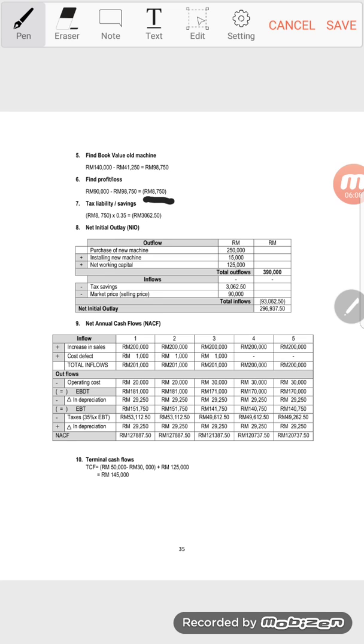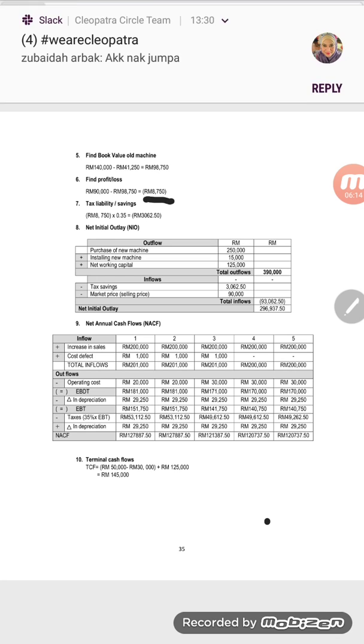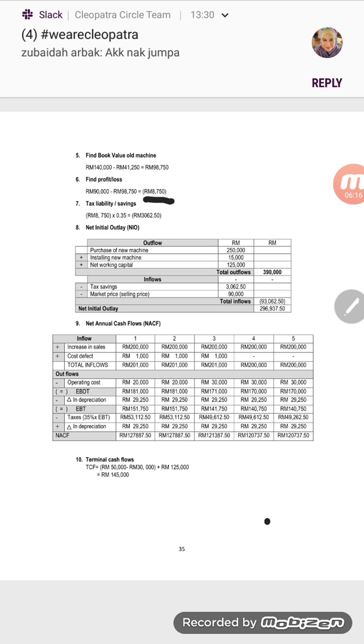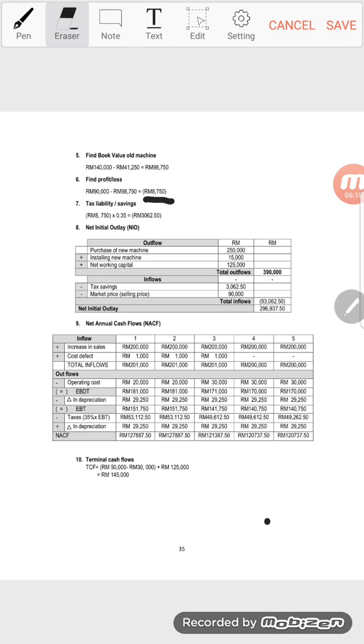So let's look at what items we have in NIO. We have the purchase of the new machine. This is actually the price of the new machine, which is 250,000 ringgit. Installation cost of 15,000 and also net working capital of 125,000.